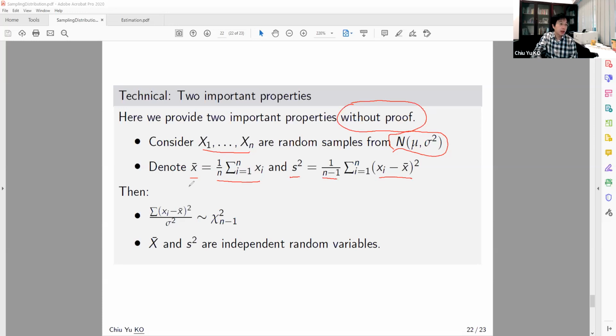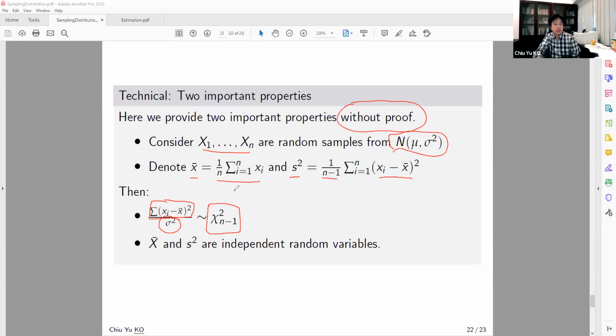It turns out that the quantity, the sum of the squared differences between the observations and the mean over sigma squared, has a chi-square distribution with n minus 1 degrees of freedom. It's not n, but n minus 1.